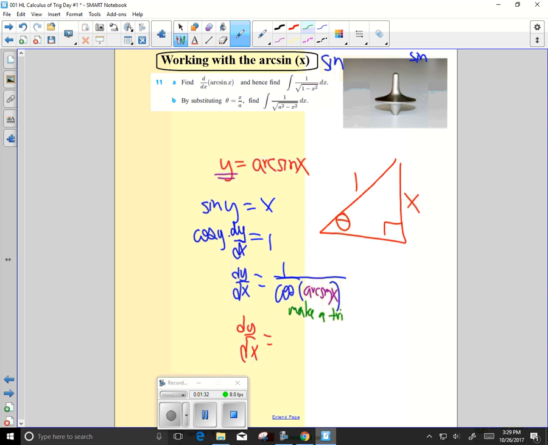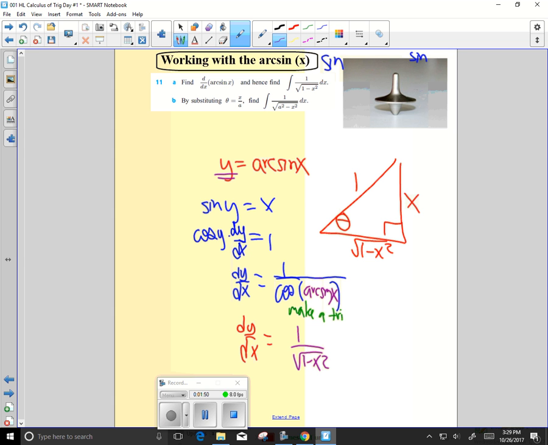Pythagorean theorem, square root of 1 minus x squared. So then all we have to do is say it's the cosine of this triangle, which is 1 over the square root of 1 minus x squared. That is the derivative of arc sine.